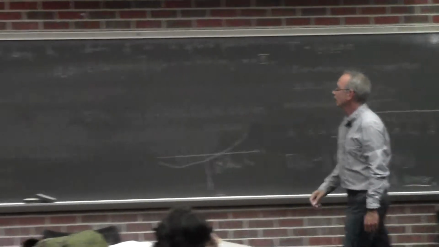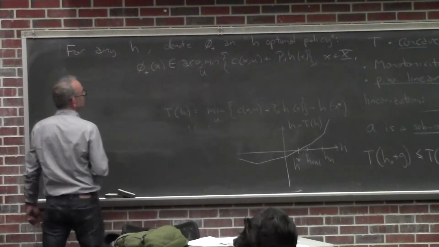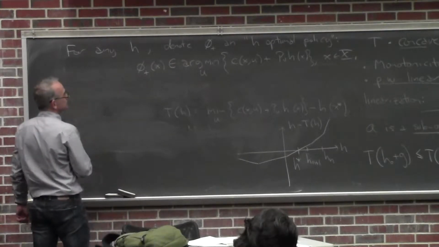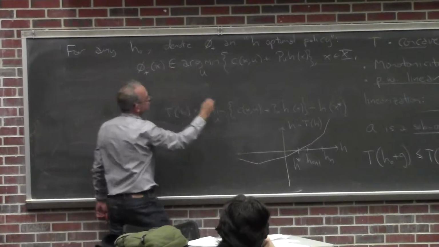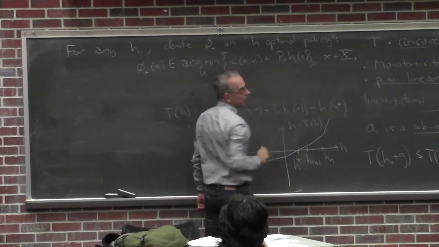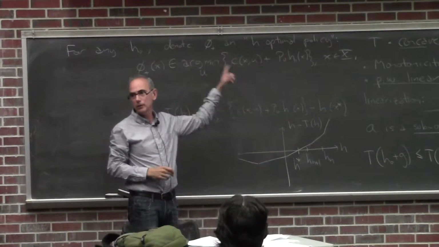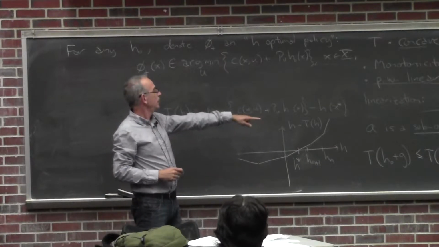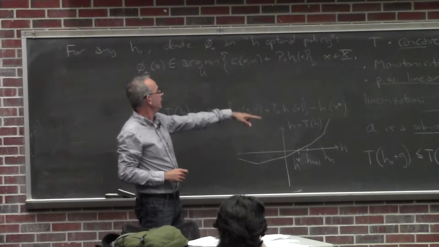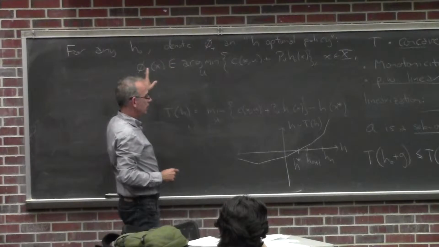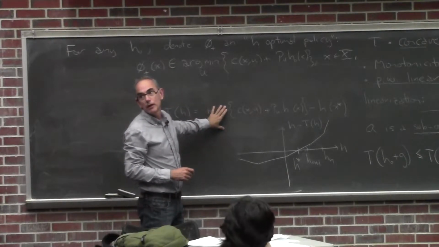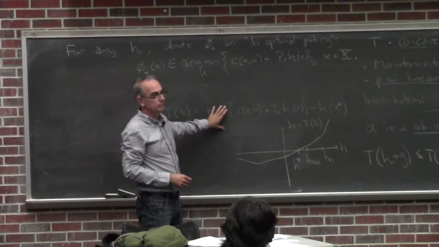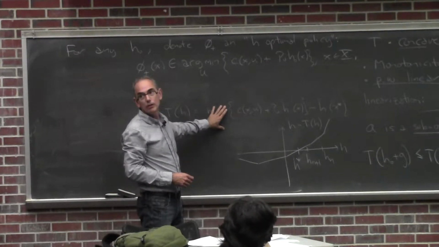So A, and maybe I should put a naught there to be consistent, since I started with an h naught there. One example of A is just given by getting rid of the U and replacing it by this guy. And you can sort of see it graphically.